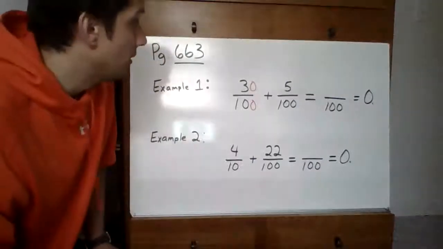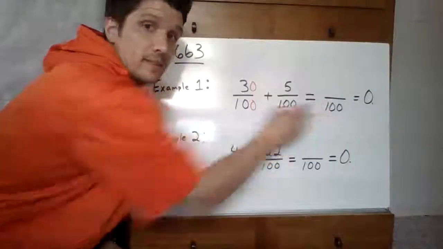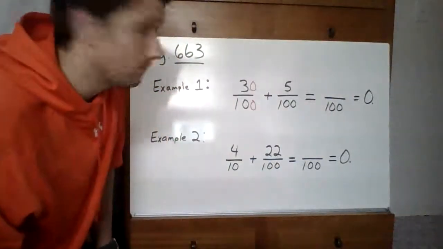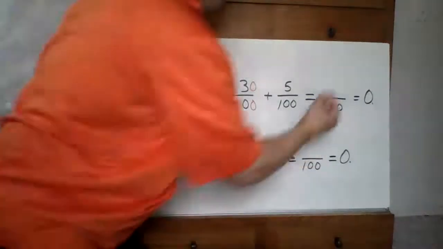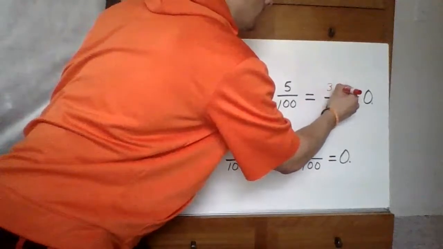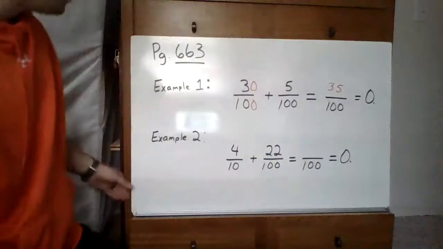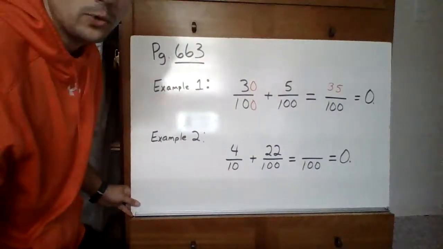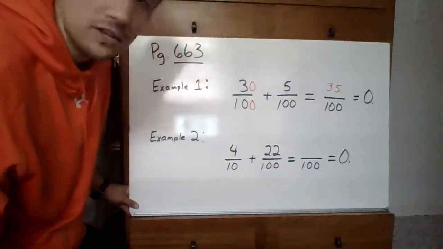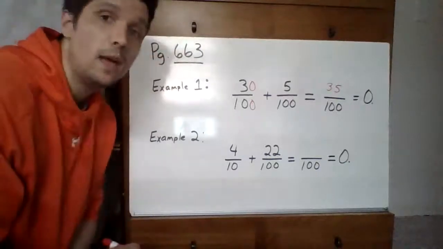We can add. So when we add hundredths and hundredths, our denominator stays the same. And now we can just add our numerators. 30 plus 5. We end up with 35/100ths. That is our total. Now, the question told us to put it as a fraction with a denominator of 100, but they also want us to turn it into a decimal.